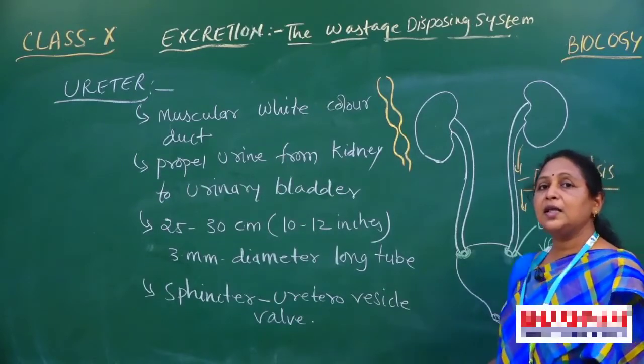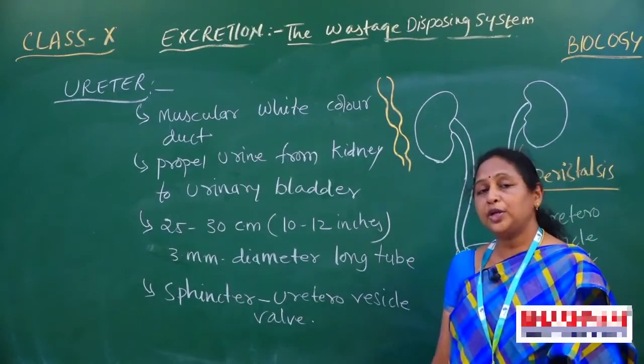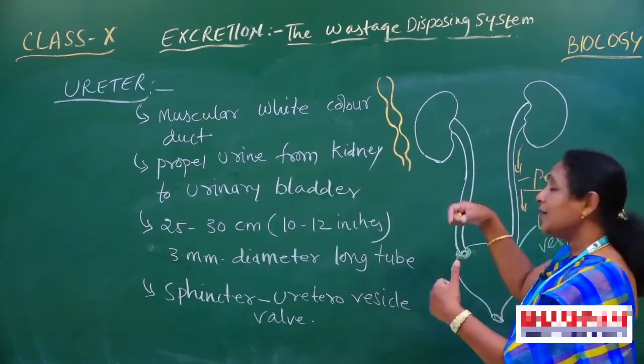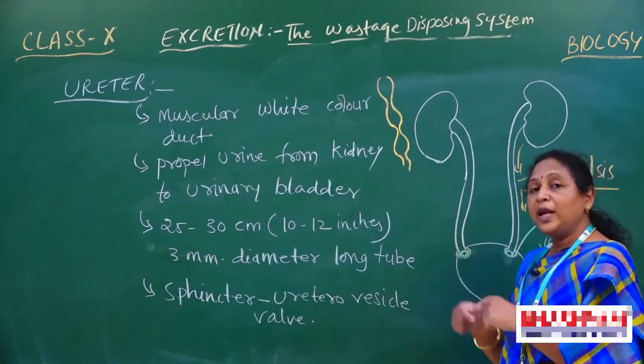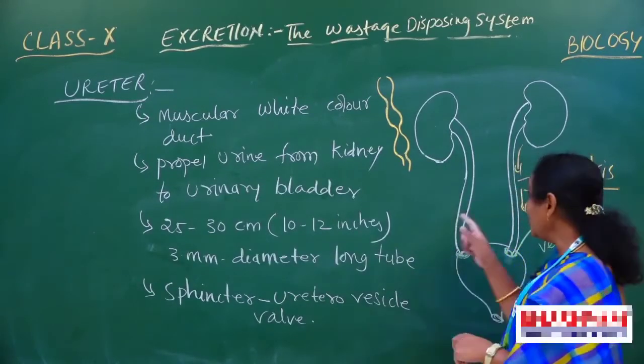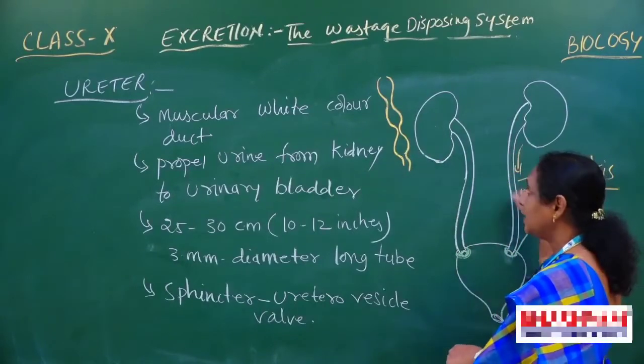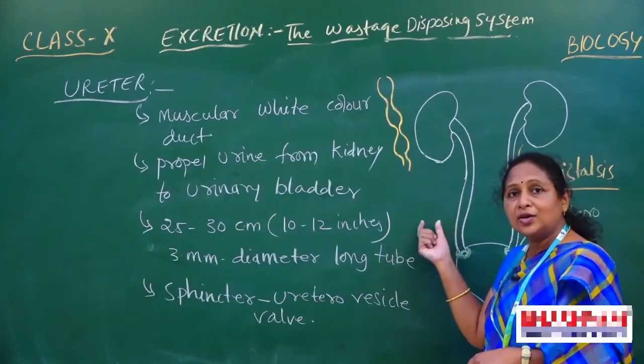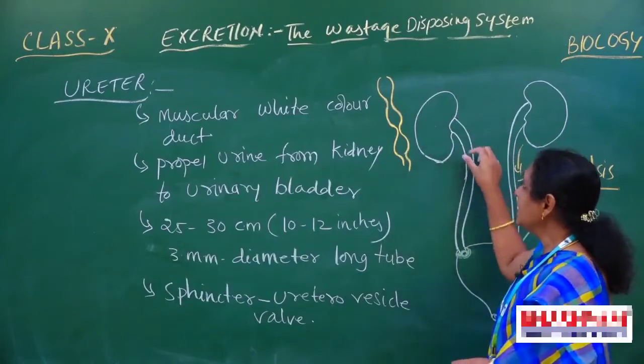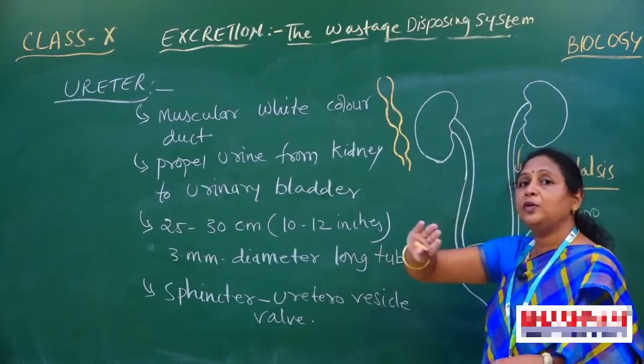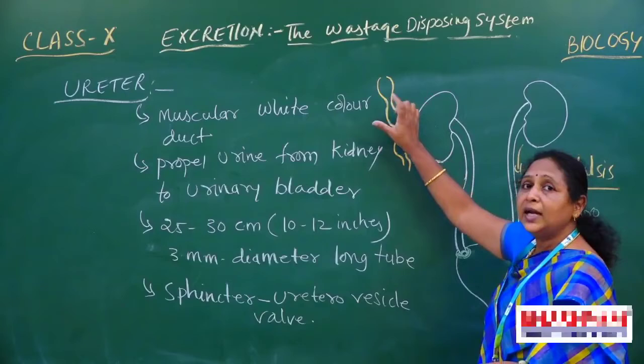We already discussed peristaltic movement in your nutrition lesson also, in the walls of the esophagus. Here also the track of the ureter is made of muscles only. These muscles make one wavy movement by contracting and expanding.